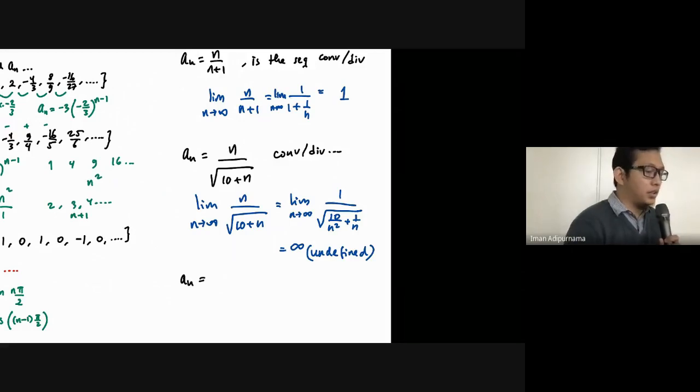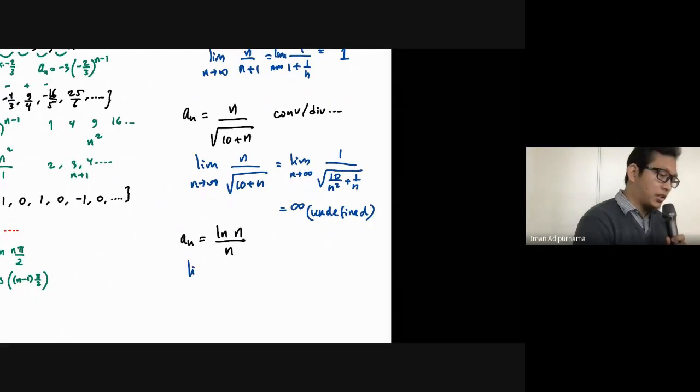And if you have another sequence, ln n over n, same thing, you can write it down.